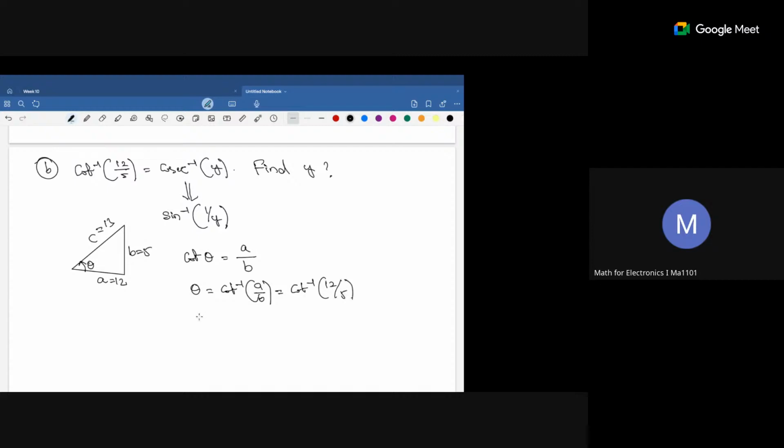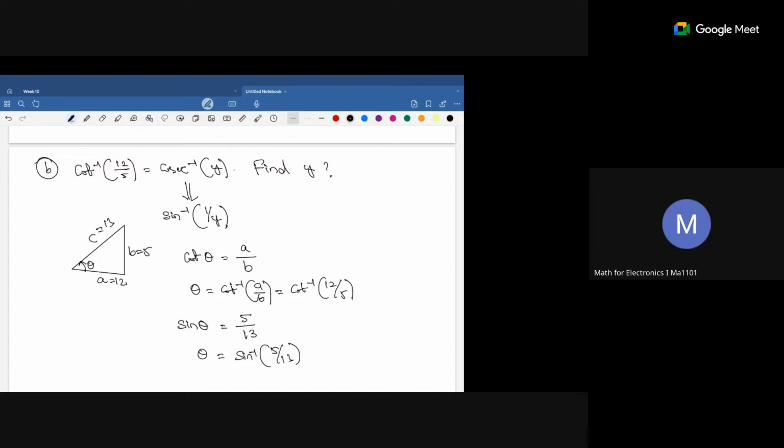Now we have to write this theta in terms of sine inverse. For that we need to compute sine theta. What will be sine theta? It is opposite by hypotenuse, which is 5 by 13. And from here theta would be sine inverse of 5 by 13.